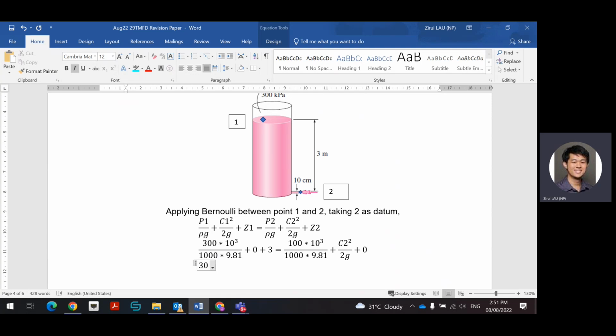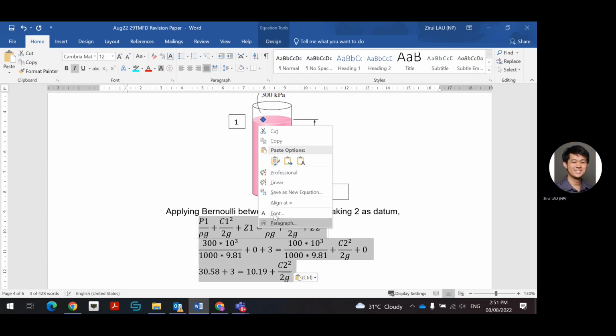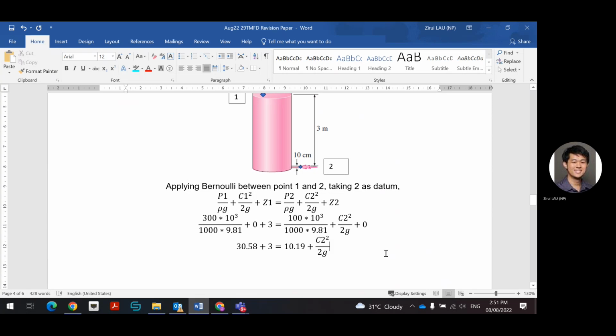First term is 30.58 plus 3 equals to 10.19. Right. So I see 2.